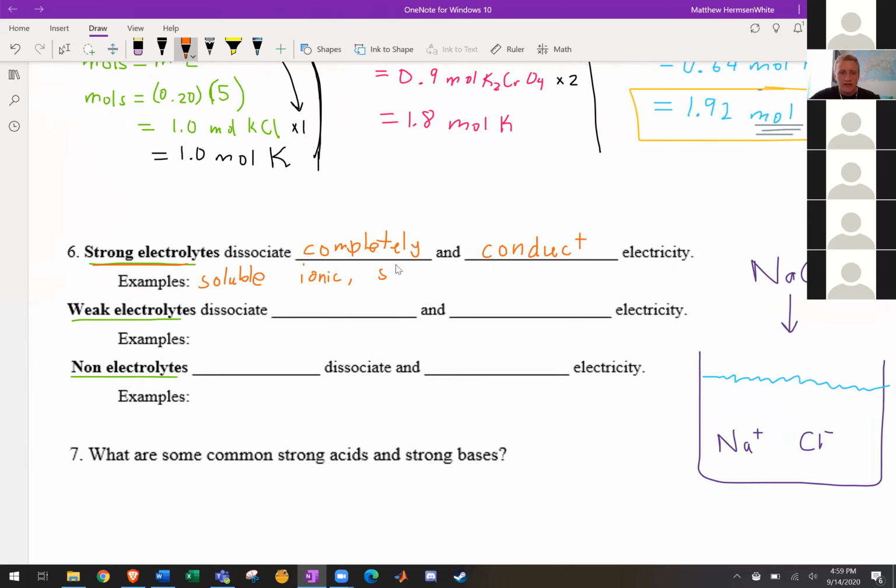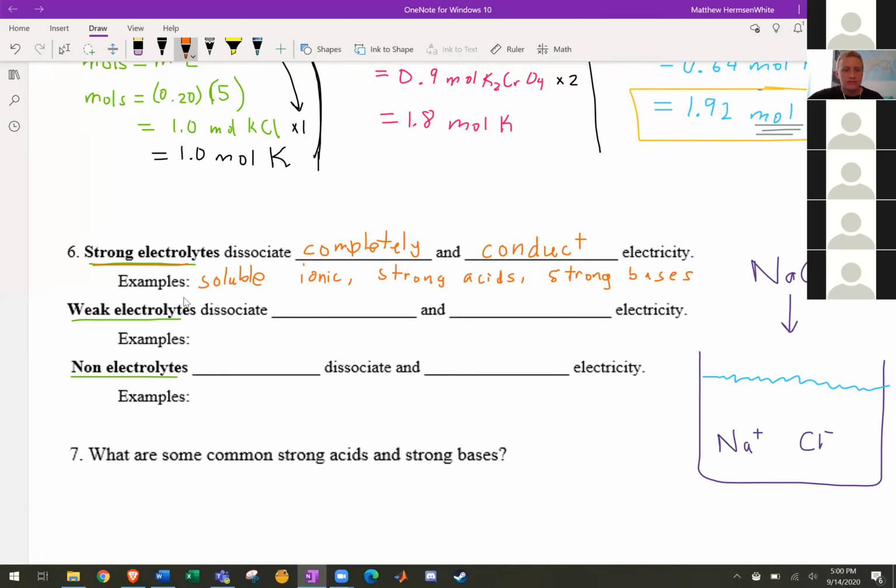It's going to be strong acids and strong bases. We're going to talk about strong acids and bases momentarily in question number 7. So strong electrolytes are compounds that are soluble ionic compounds, strong acids, and strong bases.